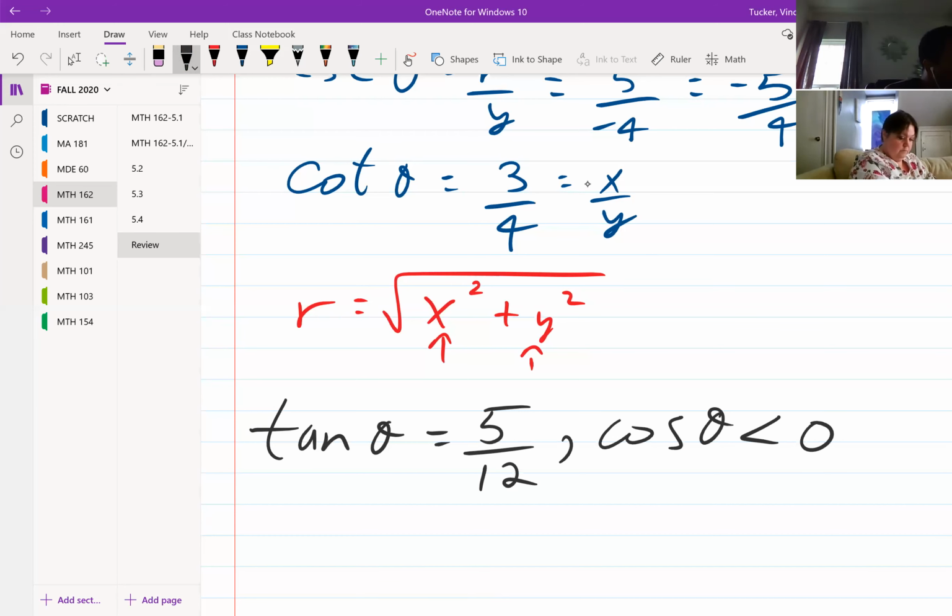All right, so we're looking at tan theta equal to 5/12, and cosine theta is less than 0. So don't forget, if cosine theta is negative and tan is positive, we need to figure out the quadrant.